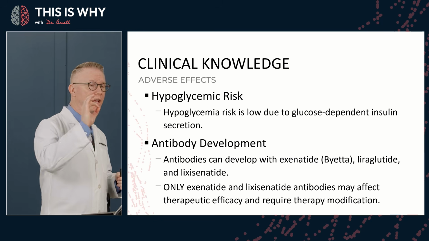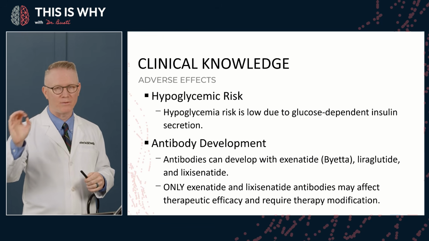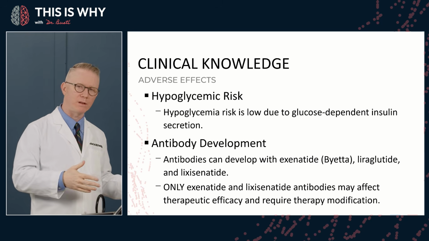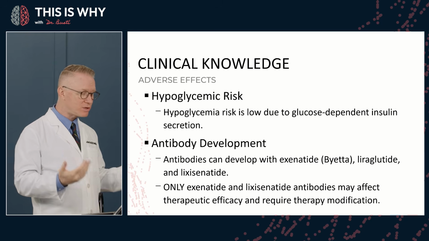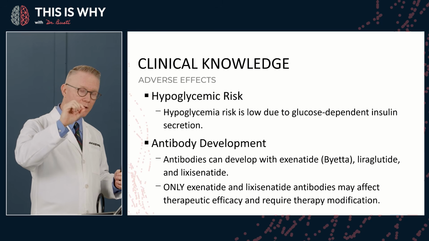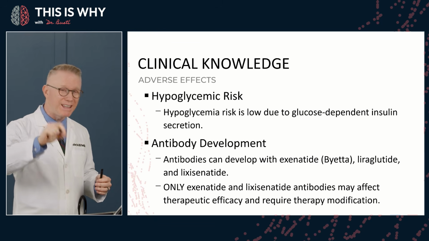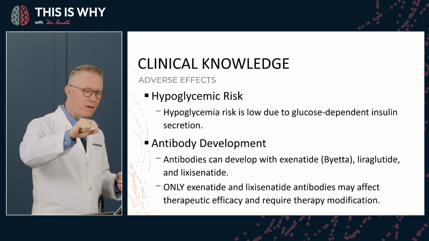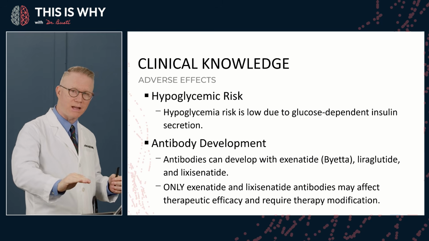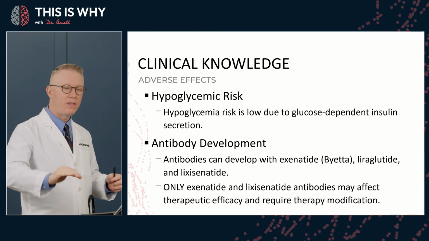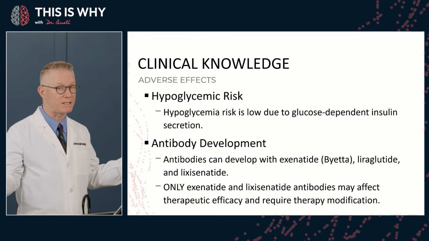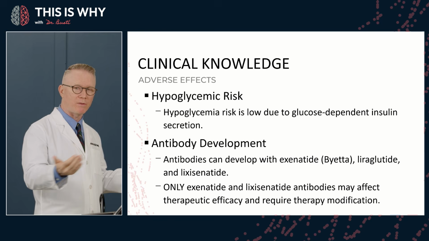Hypoglycemia. Remember, these drugs work in a glucose-dependent fashion as it relates to insulin, so the risk is low, just like with metformin. These are not secretagogues that typically put people at greater risk. Now, if you are co-administering these drugs with insulin or a secretagogue, and you decrease their glucose or caloric intake, then, based on the kinetics of the other drugs, they could be expecting a certain amount of glucose that isn't there because this drug class has prevented you from consuming it.